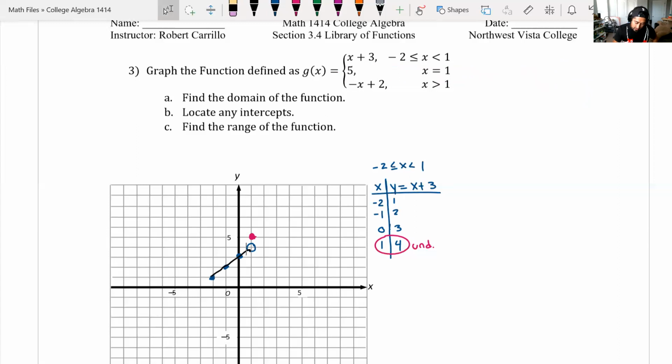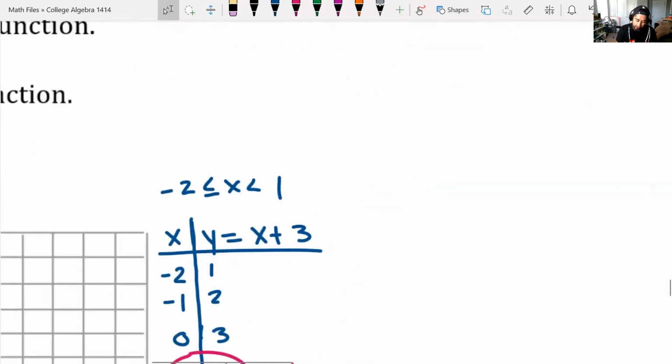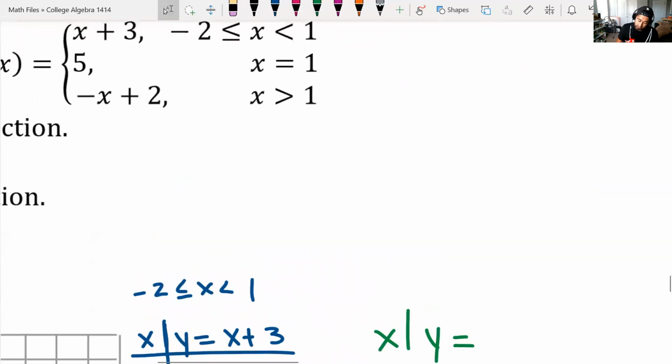All right. And then the last one, which we will make an XY chart for. Y equals negative x plus 2.